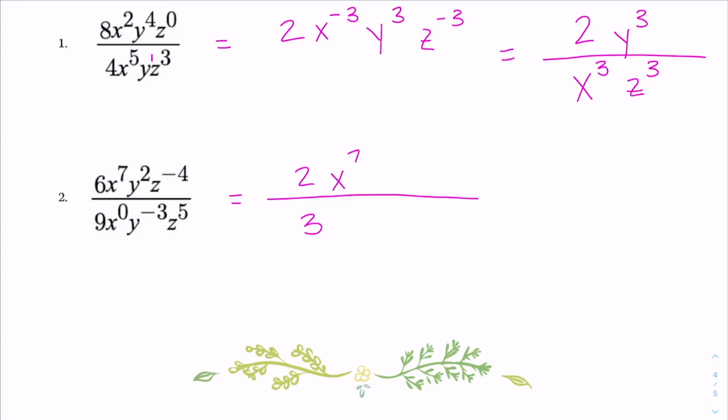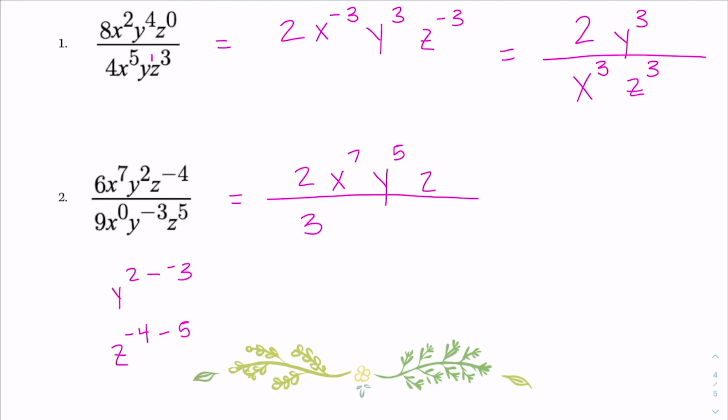All right. Y squared divided by y to the negative 3. So that's going to be 2 minus negative 3, which gives us a positive 5. And then looking at our z's, that'll be negative 4 minus 5 to give us a negative 9.